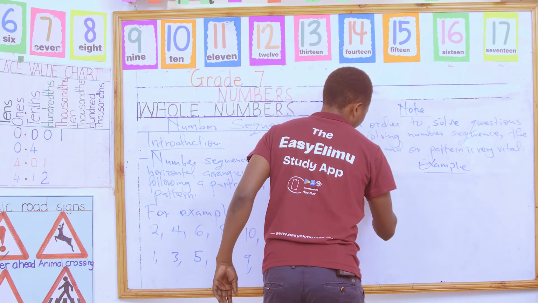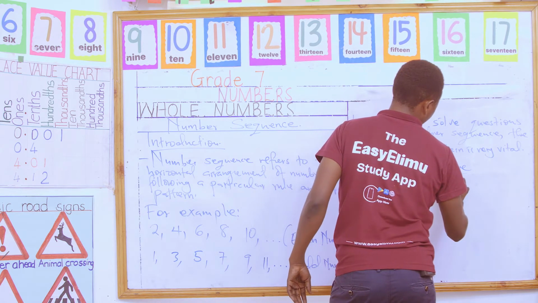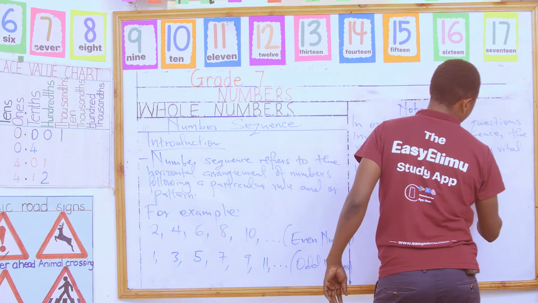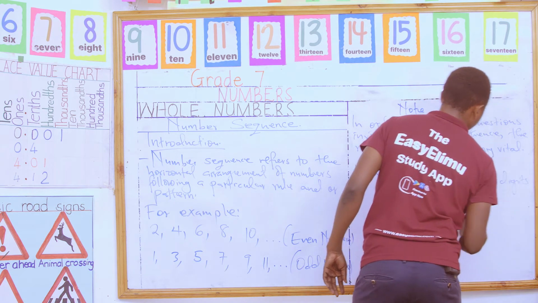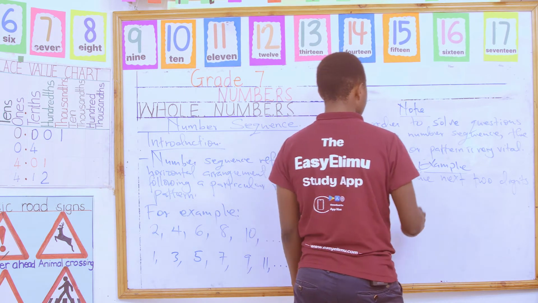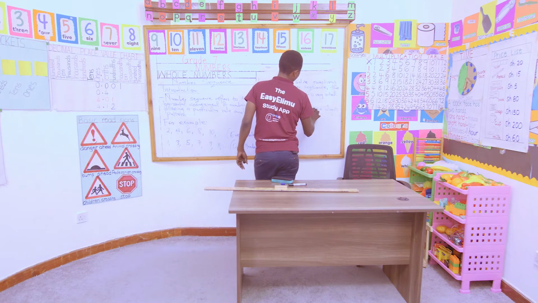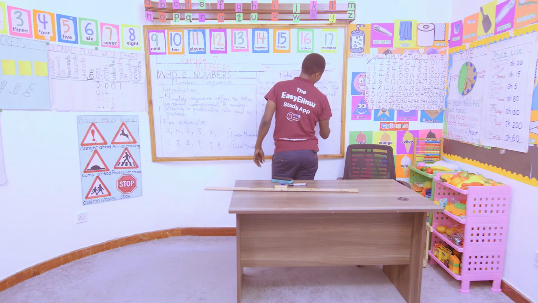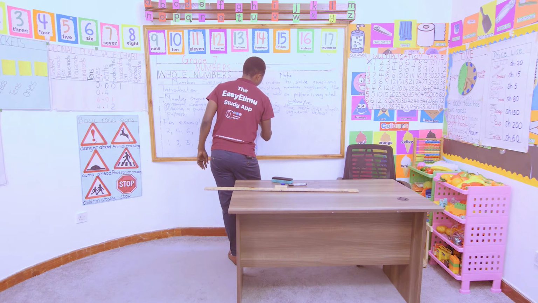Identify the next 2 digits in the sequence below. So we have, that is number 1A.